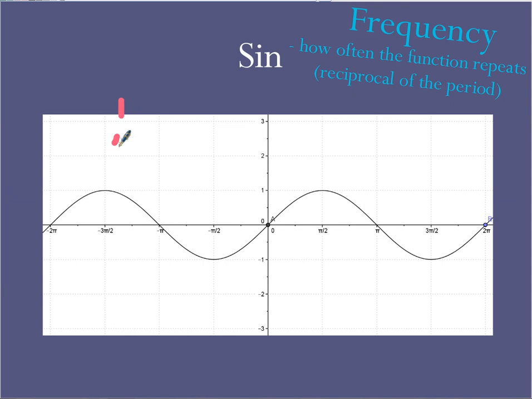So our frequency would be 1 over 2 pi. That means that I have one cycle within every 2 pi. It only repeats once every 2 pi.